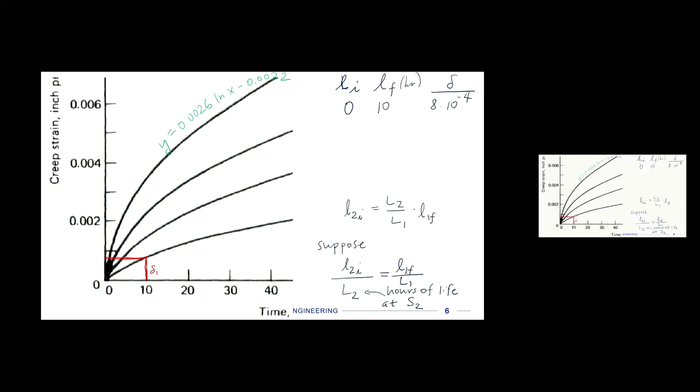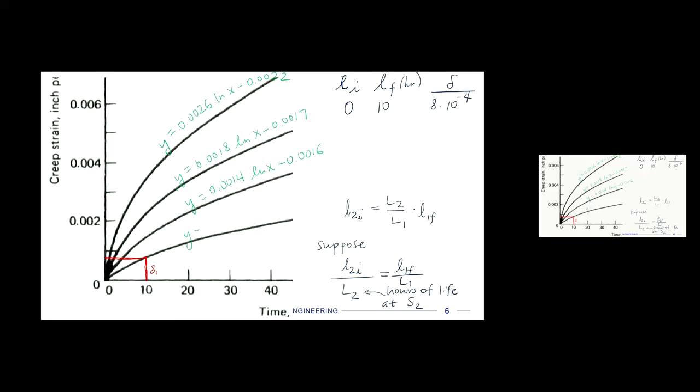The second one was y equals 0.0018 natural log x minus 0.0017. The third one is y equals 0.0014 natural log x minus 0.0016.